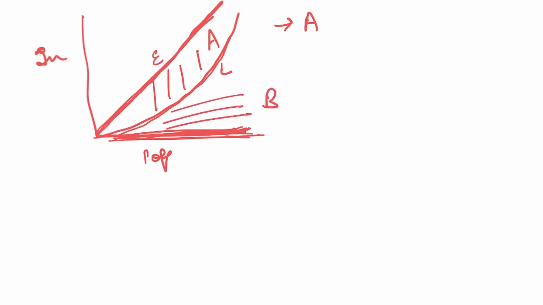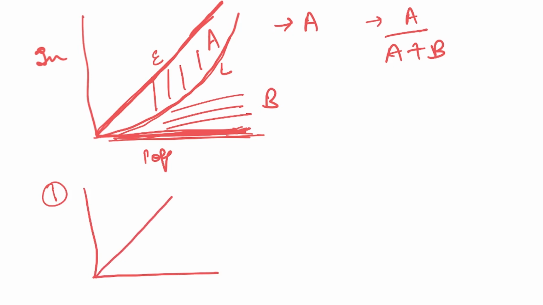The formula for the Gini coefficient is A divided by A plus B. Now there are two situations. The first is where the Lorenz curve lies exactly on the line of equality. There is perfect equality of income, so the value of A is 0, because there is no area between the line of equality and the Lorenz curve.